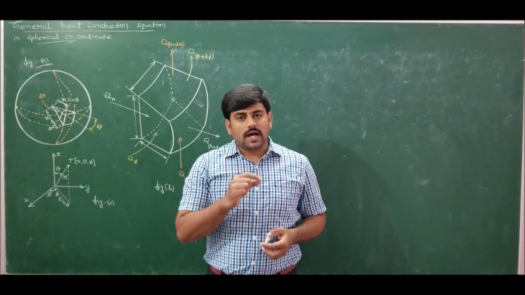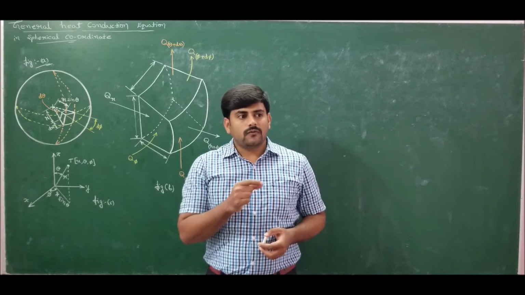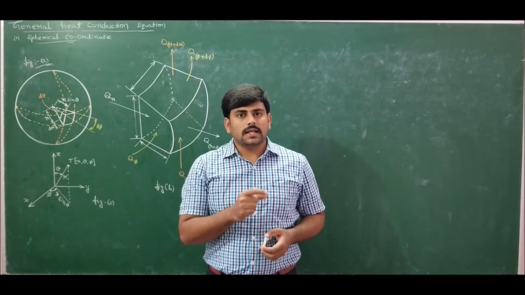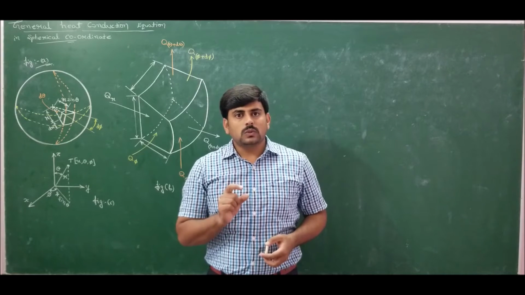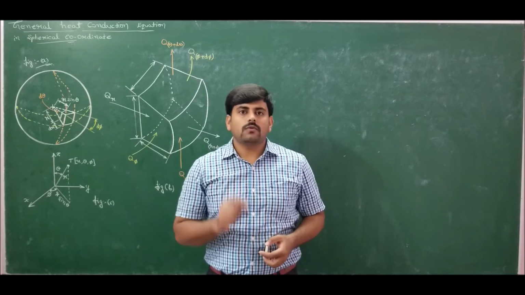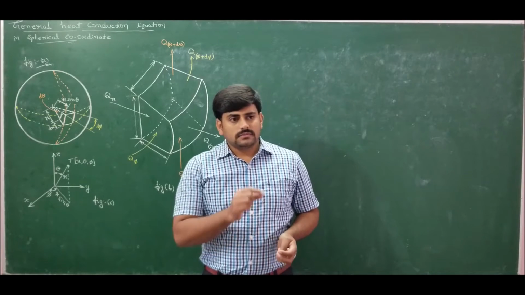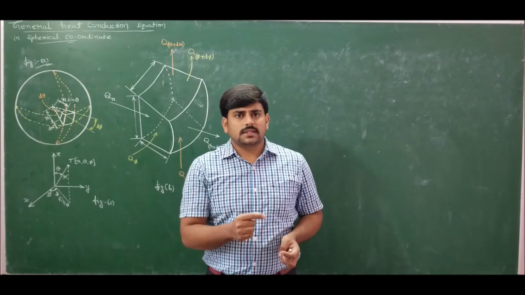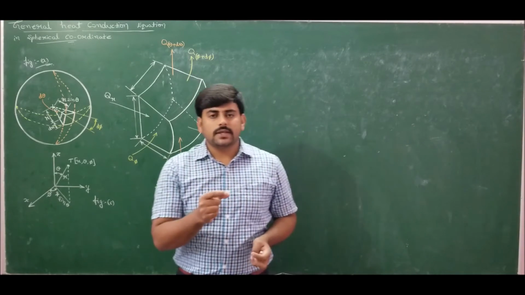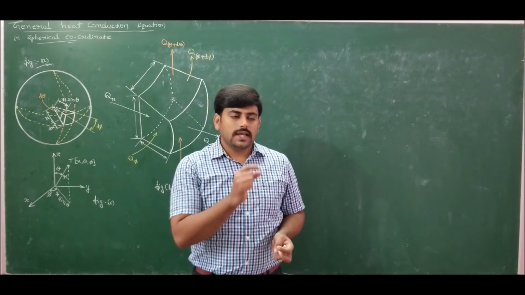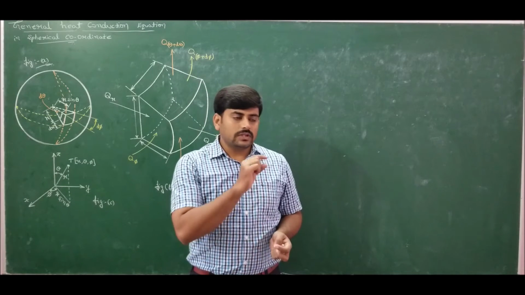If I ask you to take an element of length dr at any distance r in the watermelon, without having two angles, you cannot take the slice of the watermelon. What I mean to say is that in a sphere, if I ask to take a slice, let us consider a watermelon, I am asking you to get me a slice of watermelon exactly at the center without the skin.